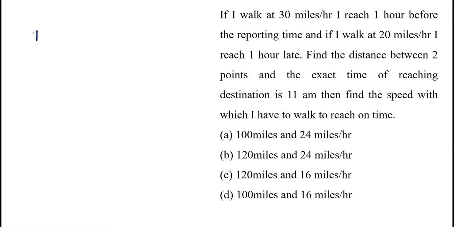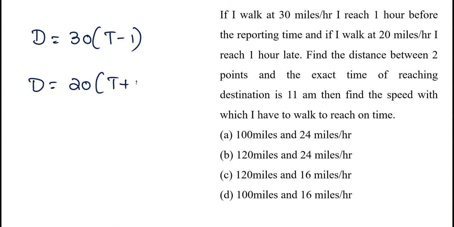So we are taking a certain time, let it be t. When you want to cover this distance, 30 into t minus 1 hour, you are going early. Now the same distance if you go with speed 20, you are taking 1 hour late. Now when you divide these two, you can find t, then you can automatically get the distance.